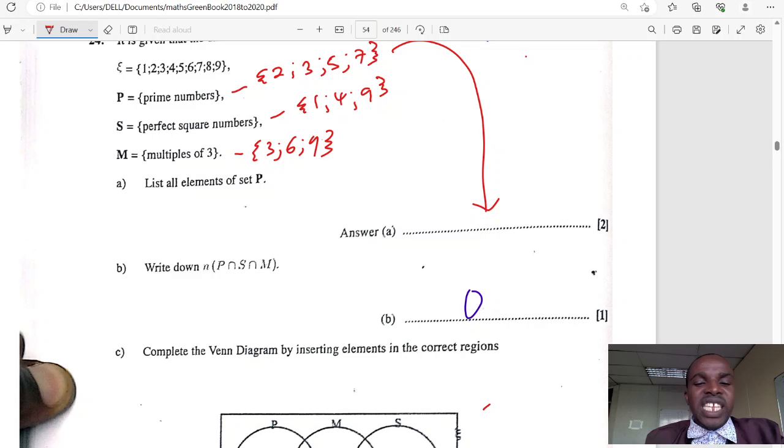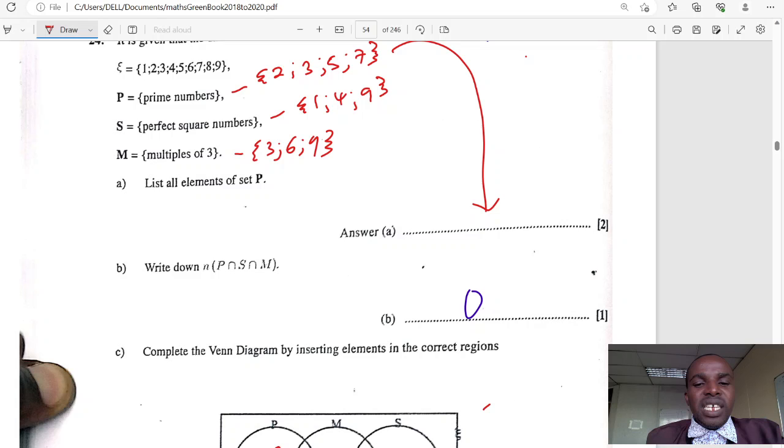So you can now write the things that are found in P. In P, we have 3 here in this case. So there's 2, 5, 7. Then we have M. M we wrote already 9. So it's 3 and 6. Sorry, it's 6 actually, because 3 is appearing on the other side. So it's just 6, right?